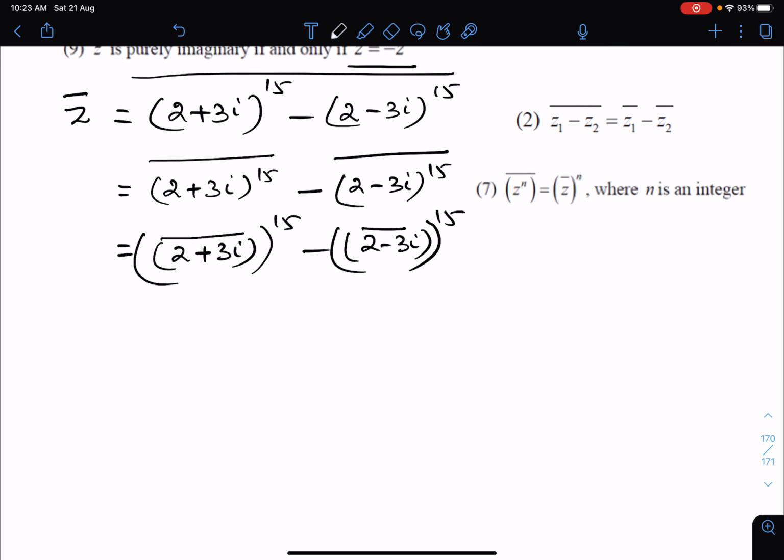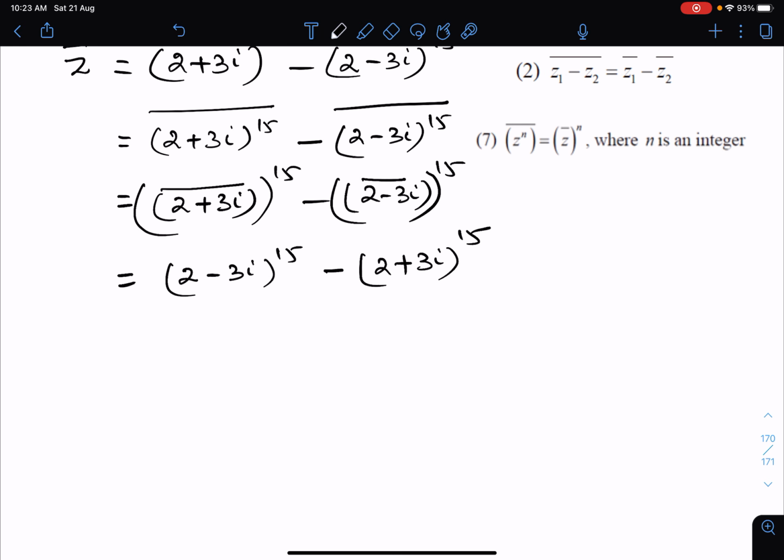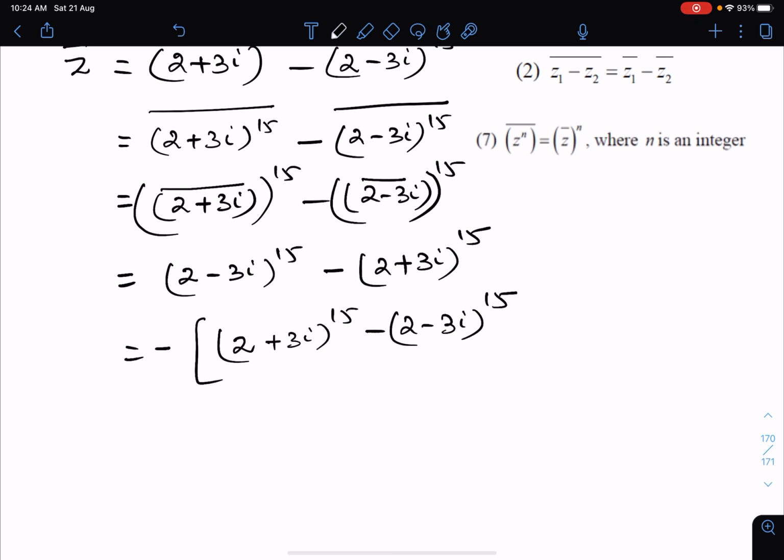Now you can take your conjugate, so plus will become minus and minus will become plus. So this is going to become minus and this is going to become plus 3i power 15. When you put the minus outside, this will become minus and this will become plus, so 2 plus 3i power 15 minus 2 minus 3i power 15.